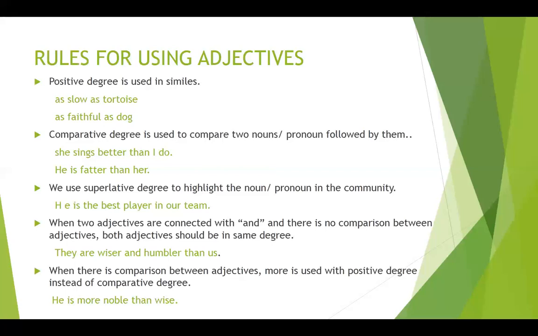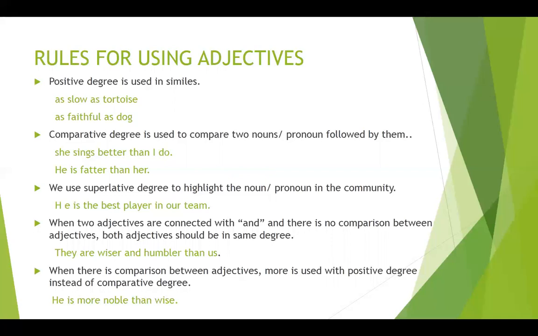For example, they are wiser and humbler than us. So two adjectives are here, wiser and humbler, and these two adjectives are connected with "and". They and us, two persons are also compared. So the same degree is used in this sentence.